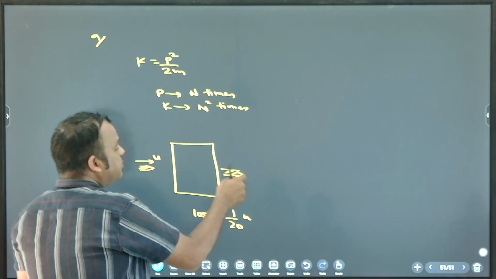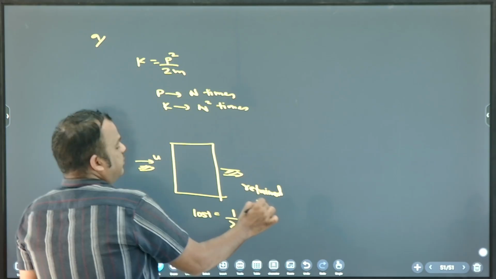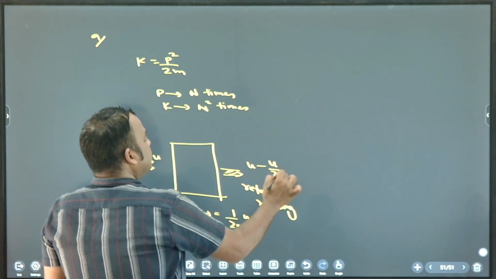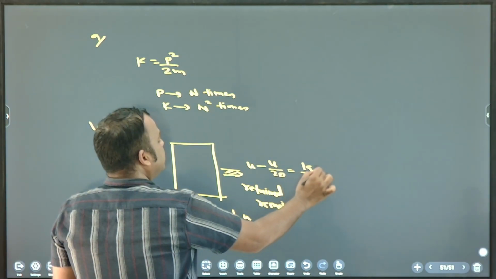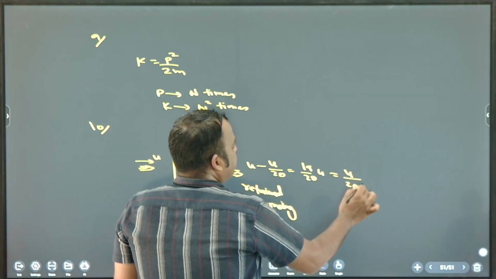So how much is retained? Remaining will be u minus u by 20, which means 19 by 20 into u. So you can write it like this: u by 20 by 19.